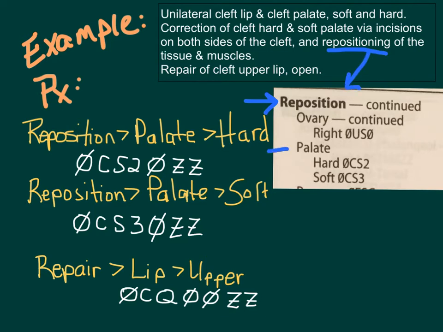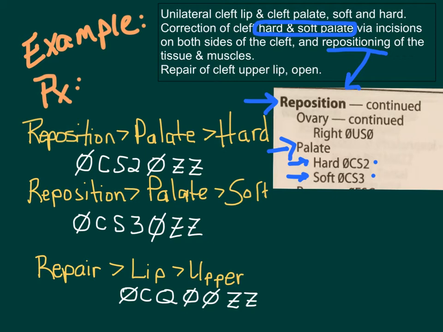When we get to the subterm palate, you will notice that there is not a subterm for both hard and soft. They are two separate subterms. So since they are both being corrected, we need to pull in two codes because there's just not one code for both.